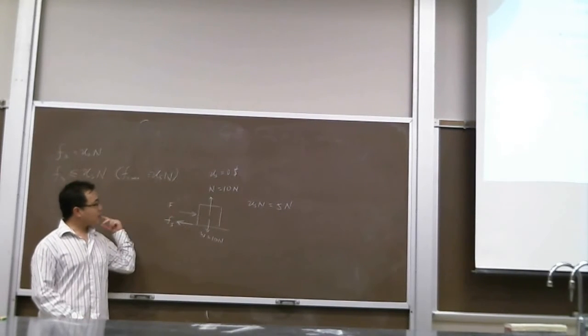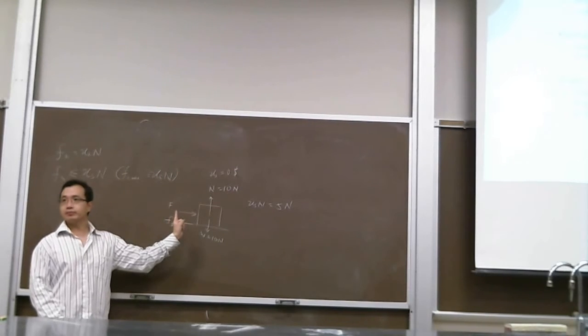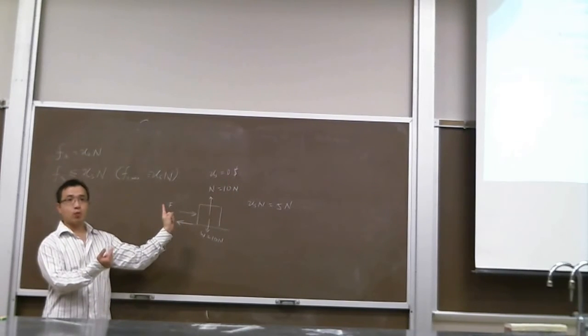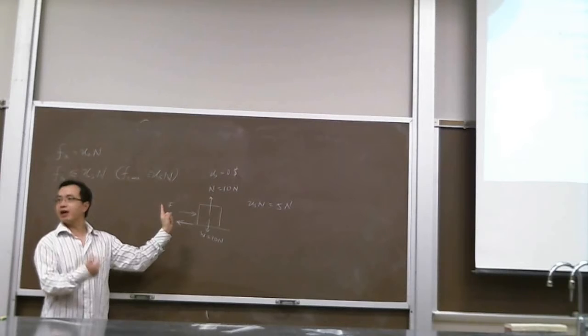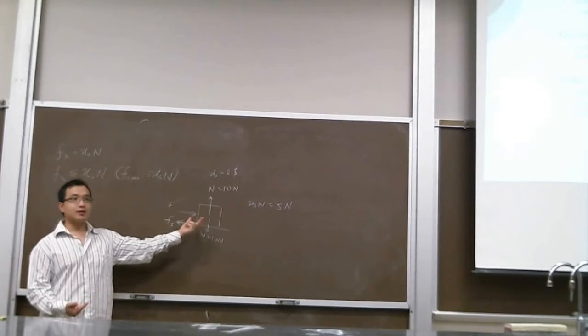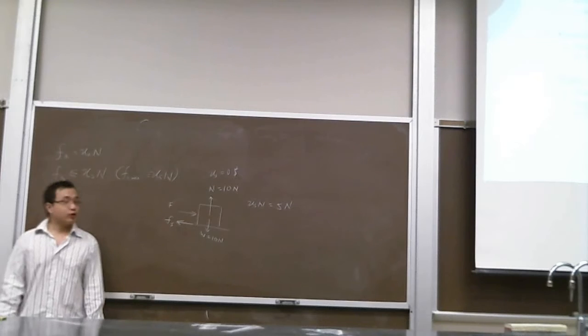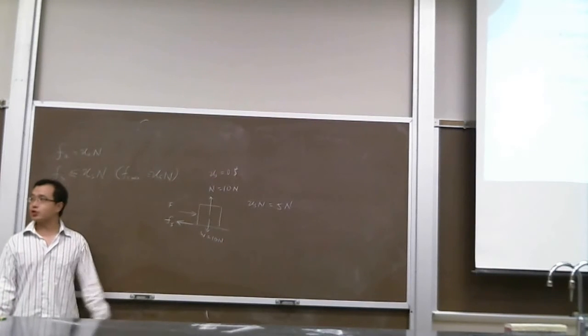If I apply just 1 Newton of force, the system will only give me 1 Newton of frictional force. That's enough to compensate my external pushing force, so the object will not move. The system doesn't have to give me all the 5 Newton. In fact, if you had a 5 Newton frictional force, it would be ridiculous.